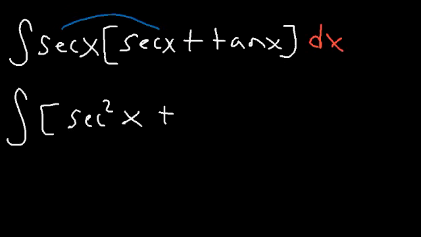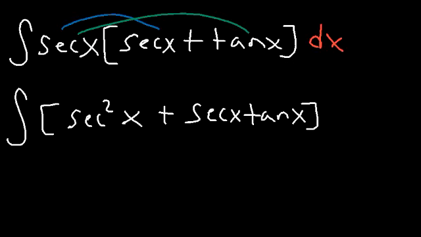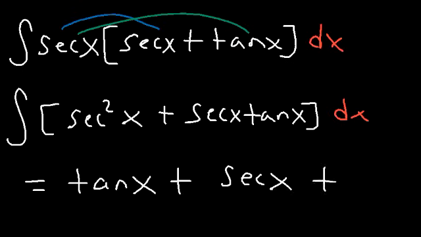And secant times tangent is simply secant tangent. We know the antiderivative of secant squared. That's tangent x. And the antiderivative of secant tan is secant x plus c. And so this is the answer.